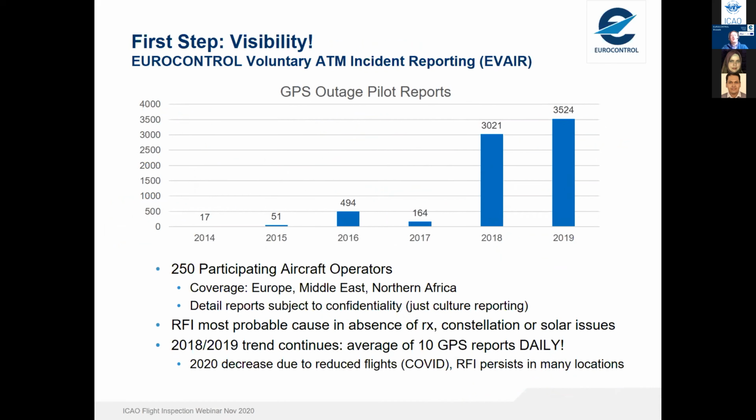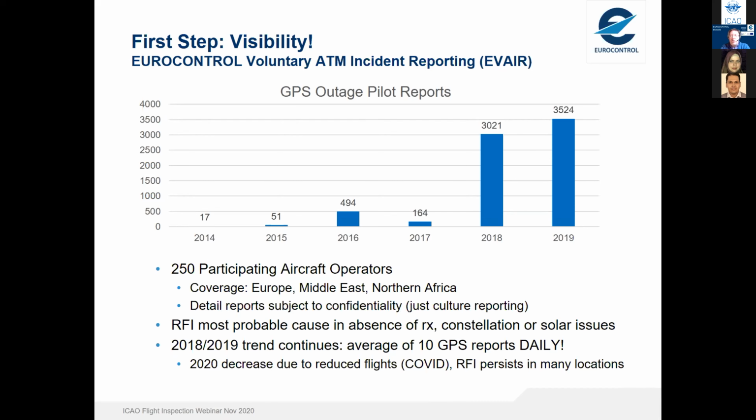You see here pilot reports on GPS outages that were collected as part of the Eurocontrol voluntary ATM incident reporting system. We have a lot of coverage, not just in Europe, but also Middle East and Northern Africa. And in 2018, 2019, we would get up to 10 reports daily about GPS outages.